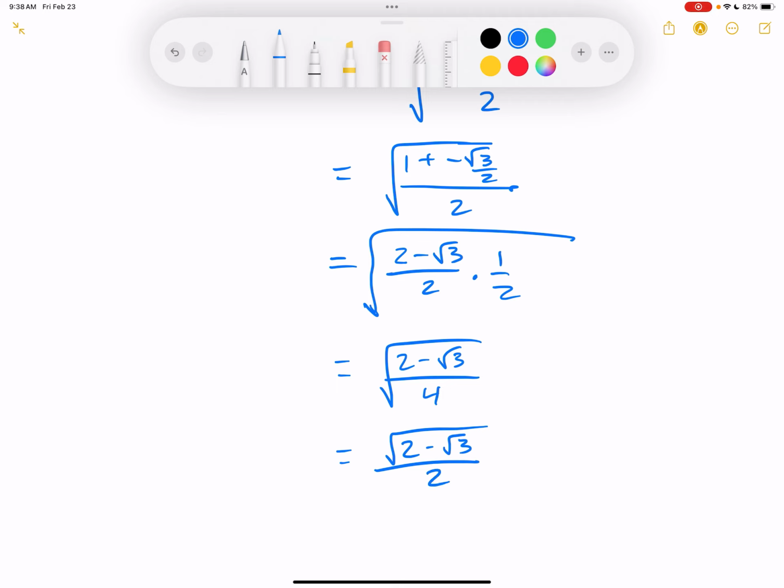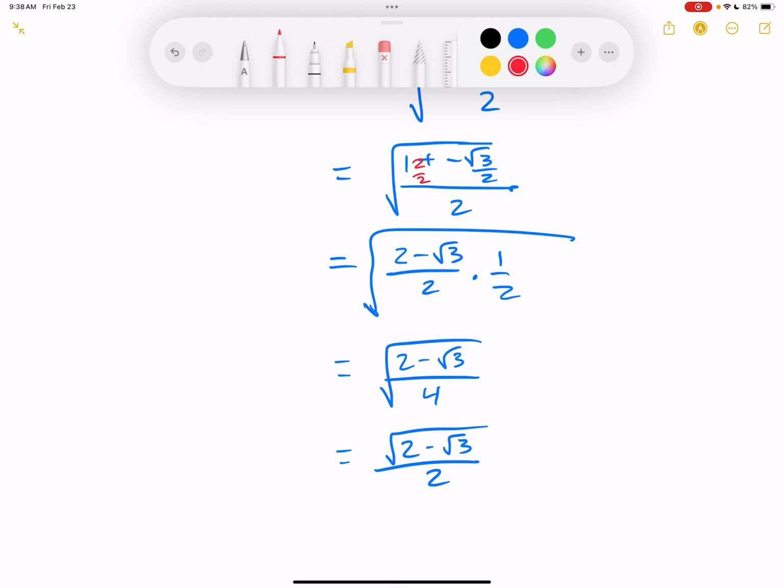I don't understand, when you go from the 1 plus, how you get the 2 minus root 3 over 2. I'm just rewriting the 1 as 2 over 2. And then adding the top, or in this case subtracting, because I have common denominator now. Oh, okay.